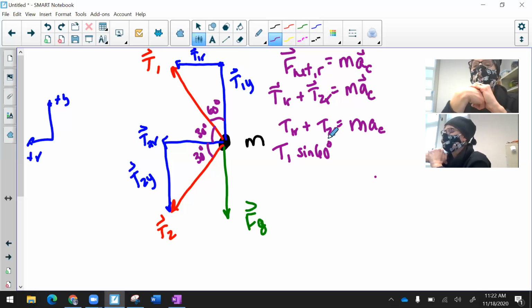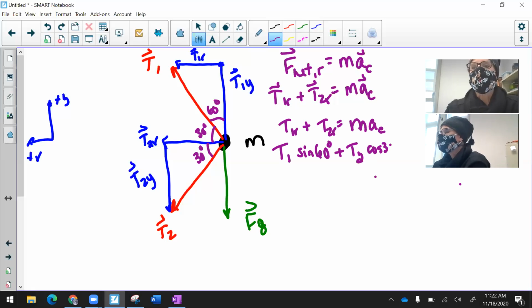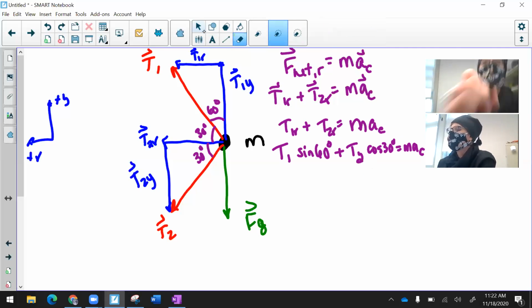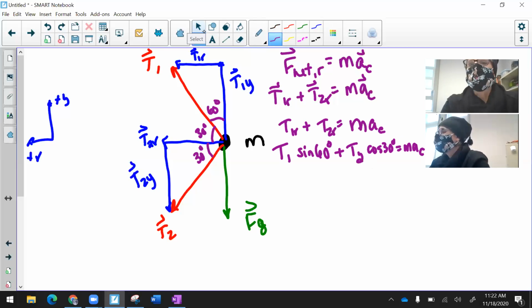Yeah, depends on your picture. They are the same. If you put sine 60 and cosine 30 into your calculator, you get the same thing. How about T2R? That's going to be T2 times what? Yeah, but again, I've labeled the 30, so I'm going to make it cosine 30. I like it that you guys are thinking in all the jazz, but it just makes it a little easier for everybody.